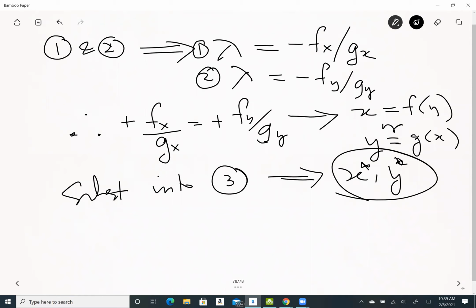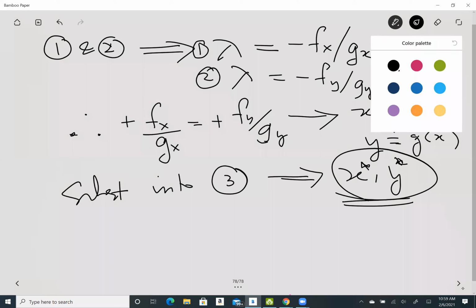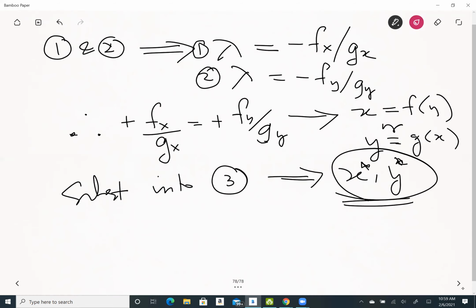So lambda is no more, correct? We have only x and y. So you can write x in terms of y or y in terms of x, and then you substitute that into 3, we can solve for x and y. Got it? That's the general method.